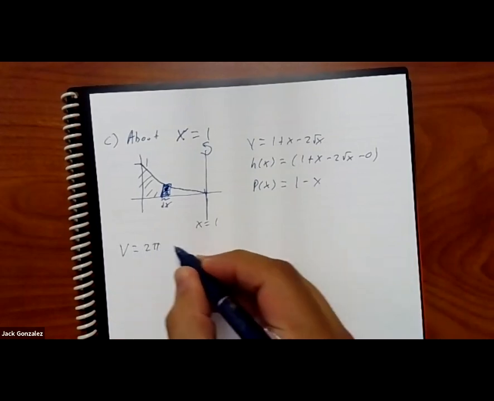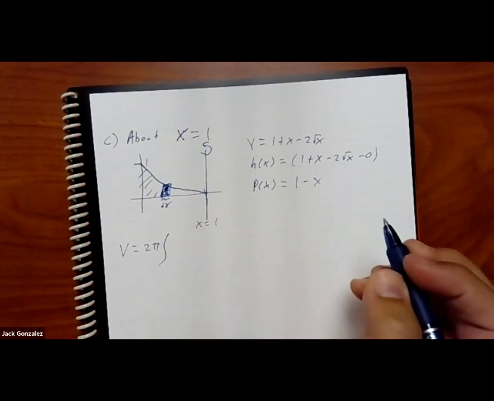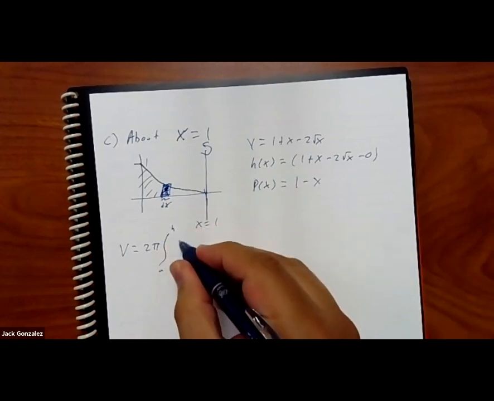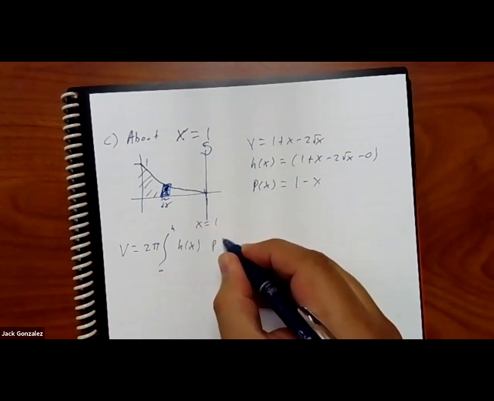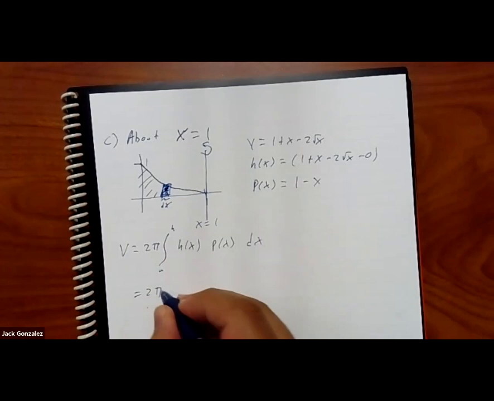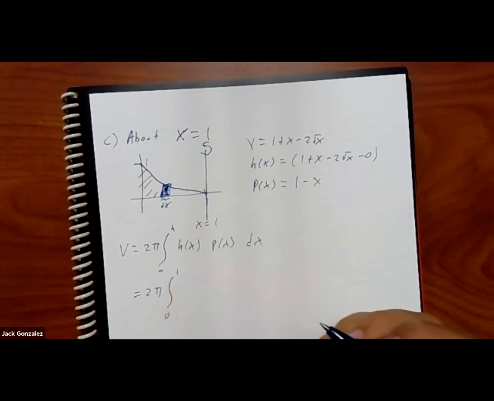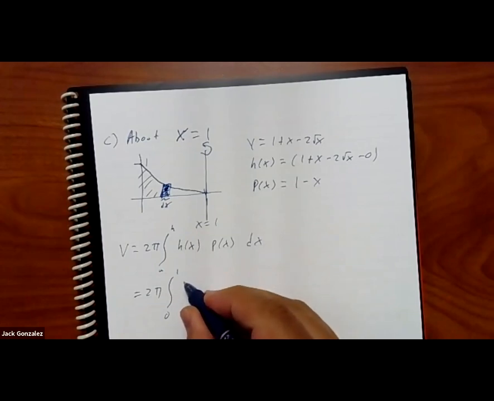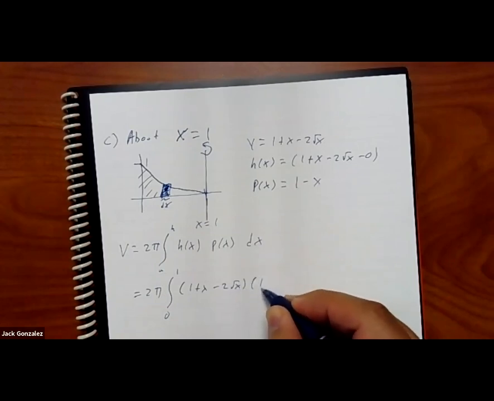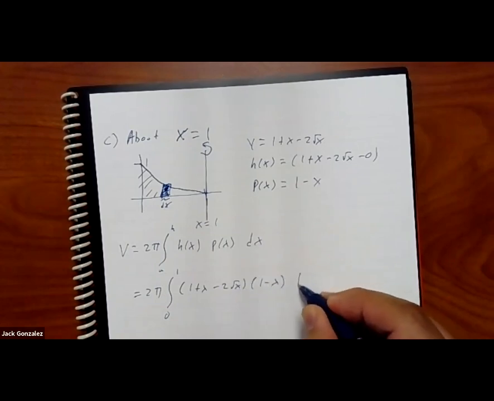Either go to 2 pi from a to b of h times rho dx. So 2 pi times the integral is still the same, 0 to 1, because it's dx. 1 plus x minus 2 root x times 1 minus x dx.